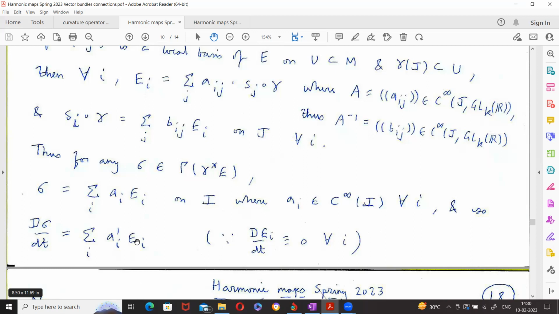So what does that mean? That means with respect to my basis of parallel sections, the covariant derivative just becomes the ordinary derivative, little d dt, of the coefficients, right? Is that clear?